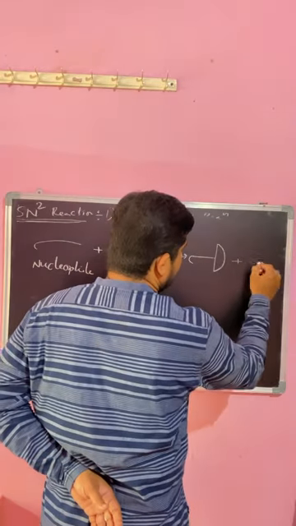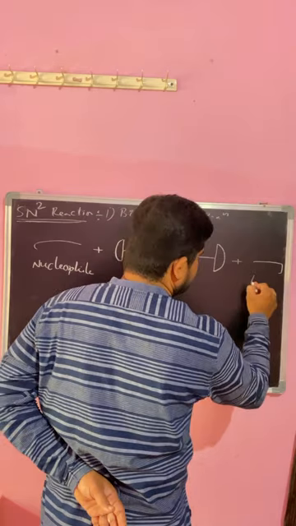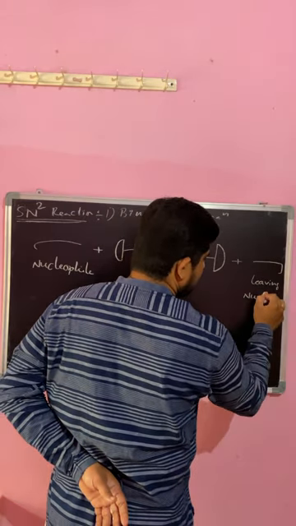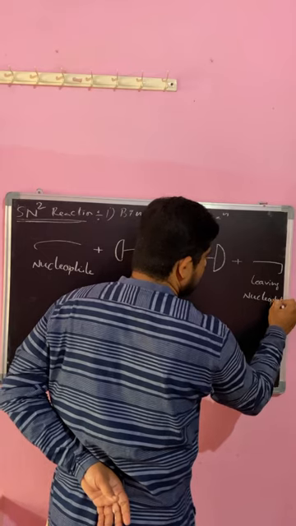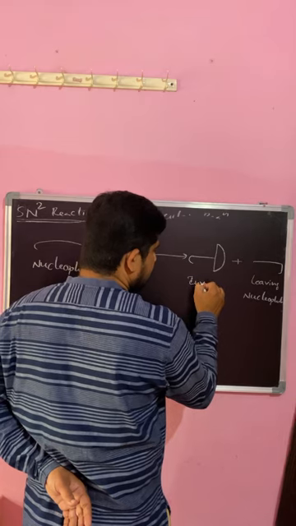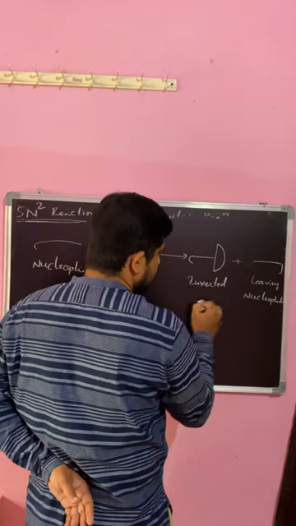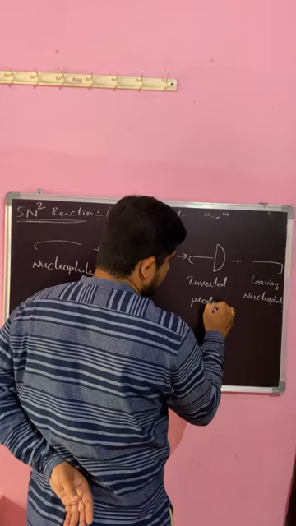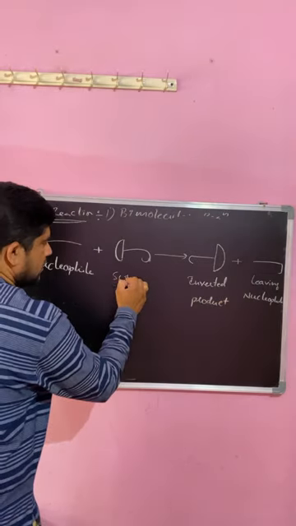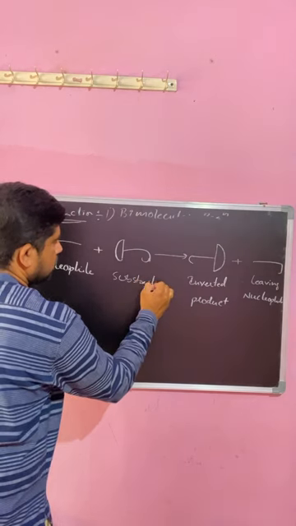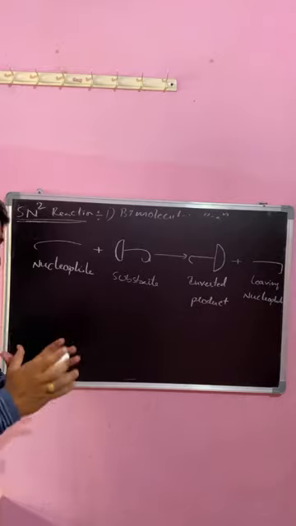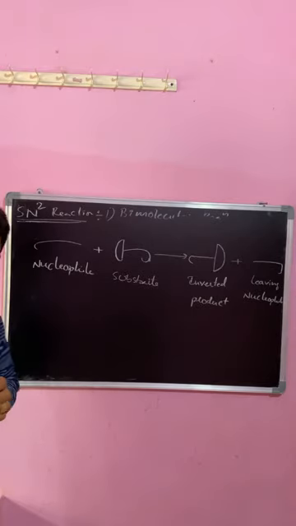And this is the leaving group, this one is the inverted product, and this one is the substrate molecule. So this type of stereochemistry is seen in the SN2 reaction.